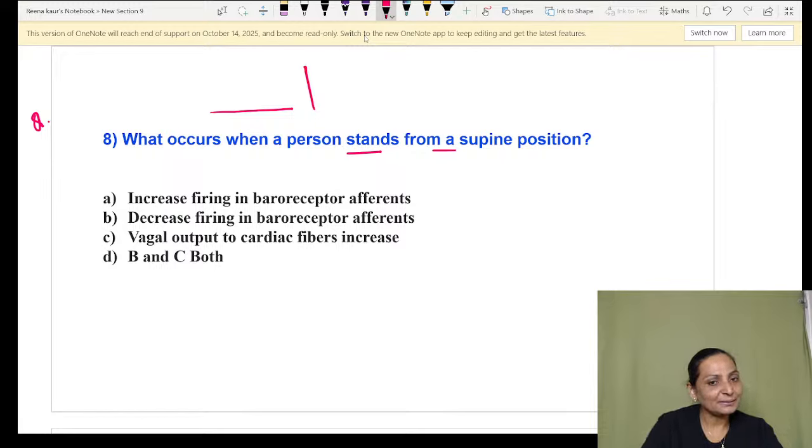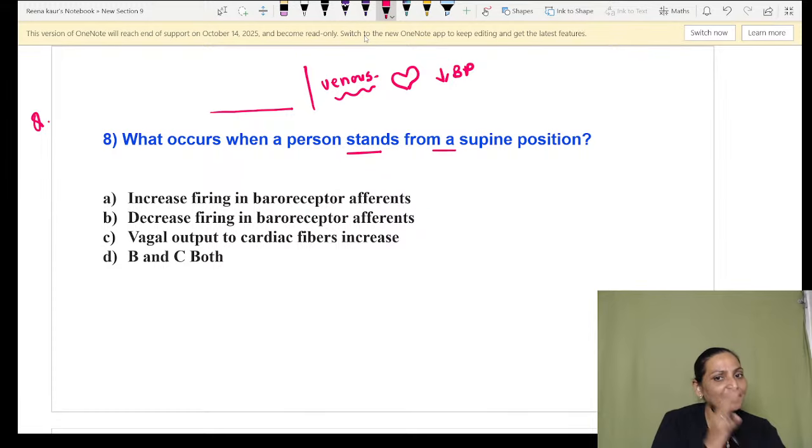What are we expecting? Because of the change in posture, there is going to be venous pooling of blood, right? So momentarily a decrease in the flow of blood towards the heart, which can bring about a probability of a fall in blood pressure.